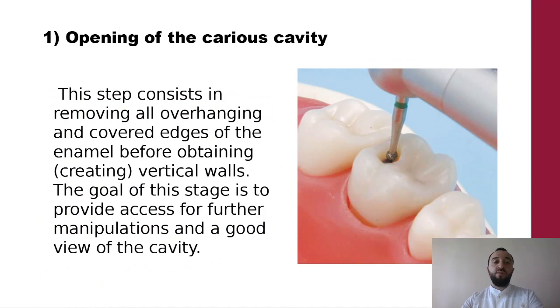1. Opening of the carious cavity. This step consists in removing all overhanging and undermined edges of the enamel to obtain vertical walls. The goal of this stage is to provide access for further manipulation and a good view of the cavity.